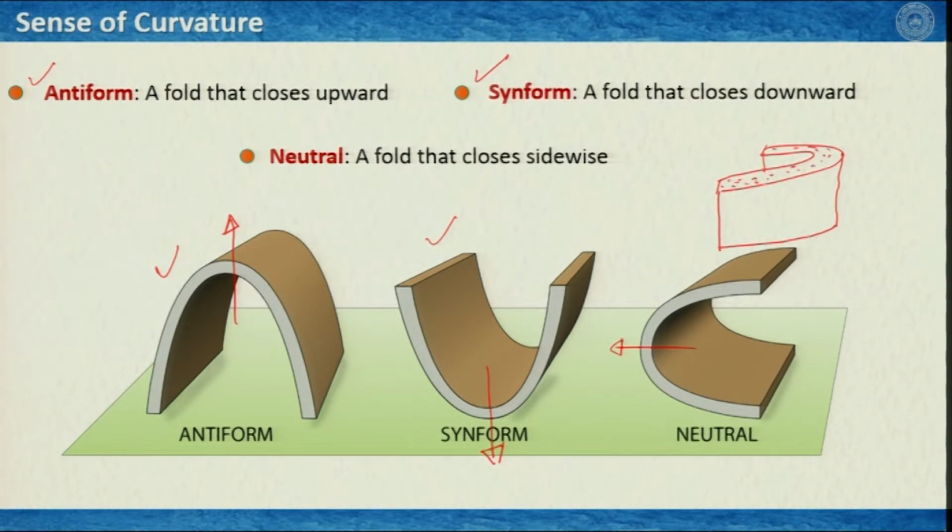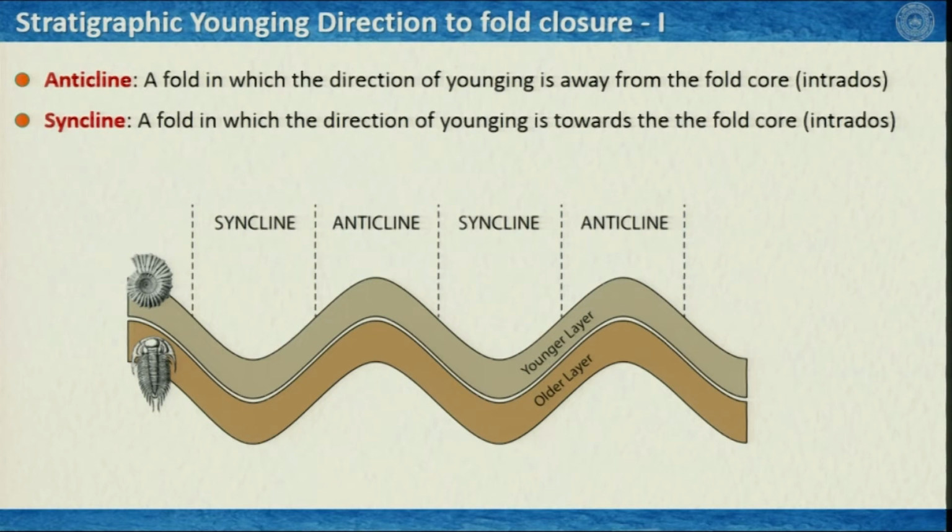This fold has a special name, we will learn it later, but as you can see, this fold is also not closing upward or downward, so this is also a kind of neutral fold. Any fold which is not closing downward or upward, you can group as a neutral fold that closes sidewise.